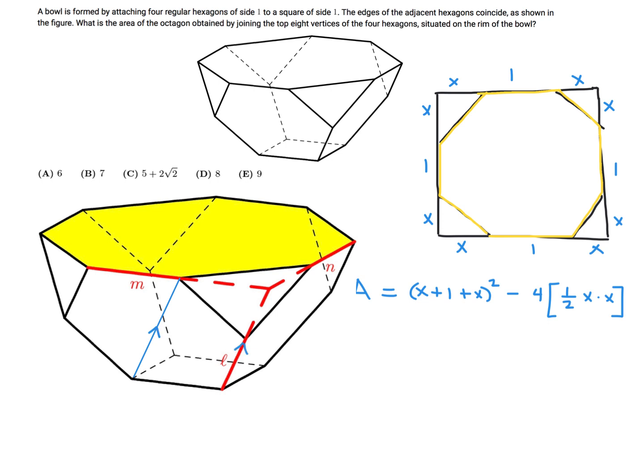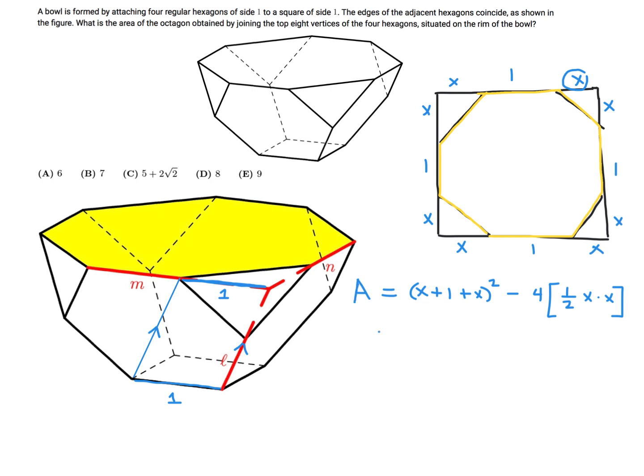And because of that, I hope you are convinced that the distance from here to here will be the same as the distance from there to there. Now that distance we know is 1 because the question tells us so, and therefore that distance up there is 1. Now what does this distance represent? It represents x. So that is how we come to the conclusion that x is equal to 1.